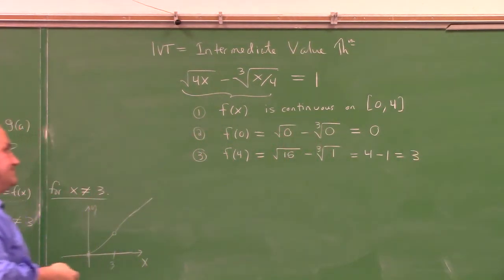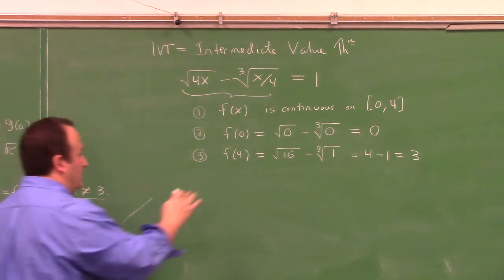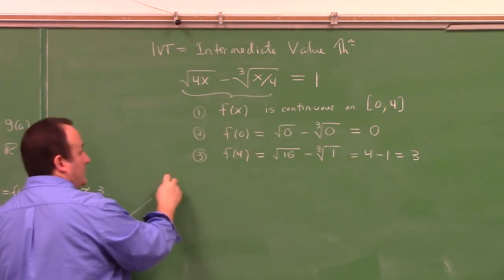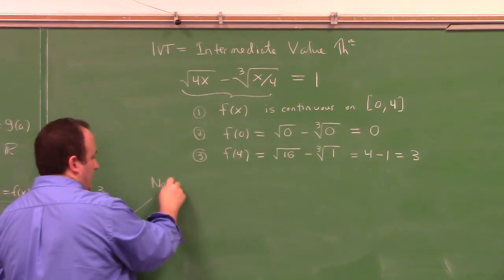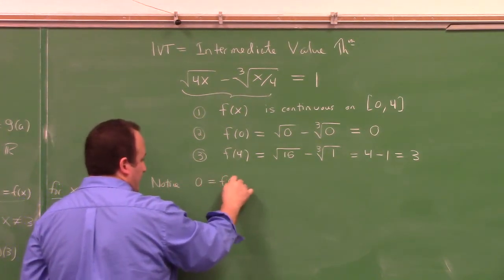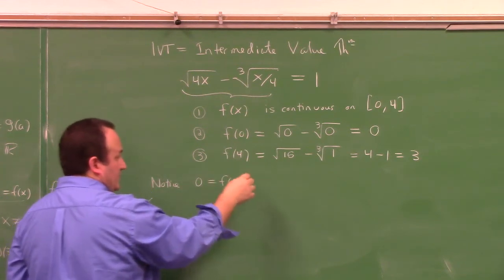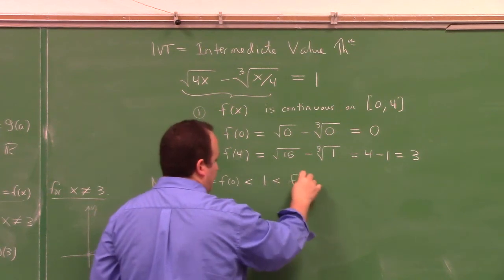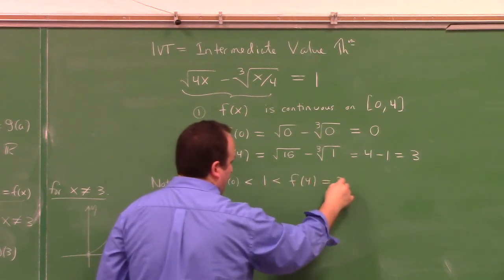Notice we have f of 0 equal to 0, which is less than 1, which is less than f of 4, which is equal to 3.